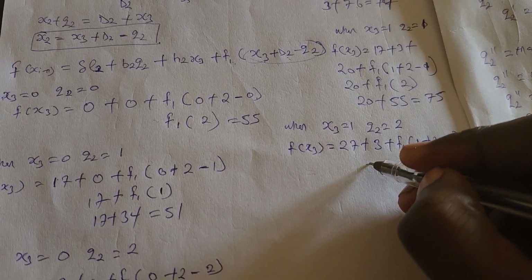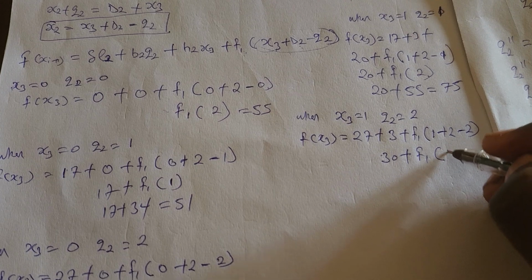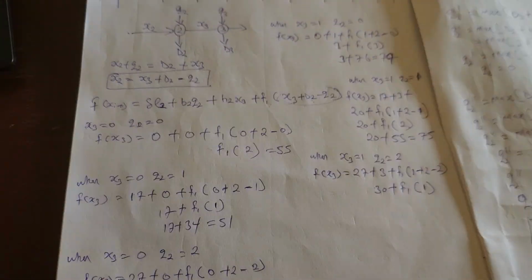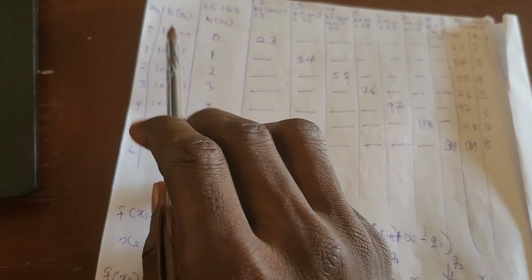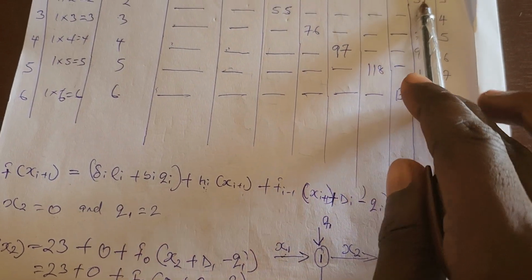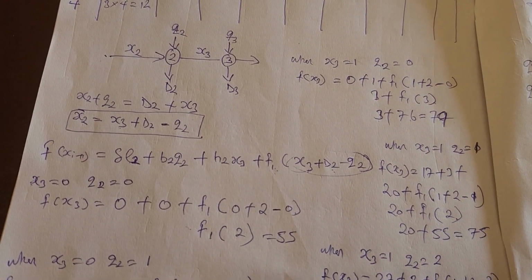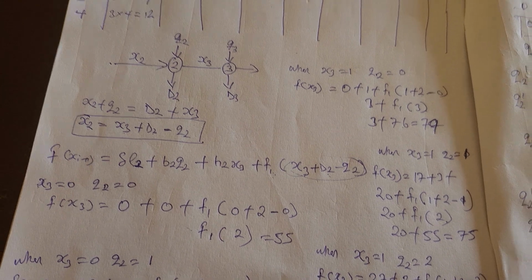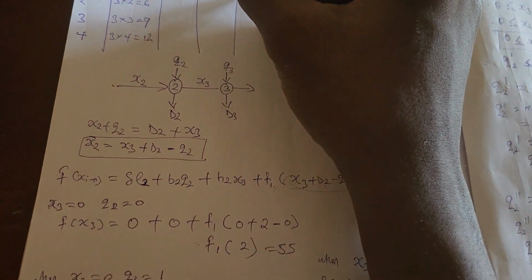That's 30 plus that's 1. So when X2 is equal to 1, what's our cost at that point? That's 34. That's 30 plus 34. That's 64. So that's 64. So let's go to the next one.